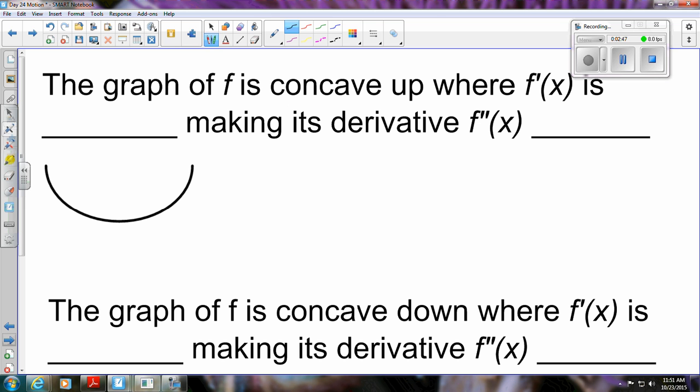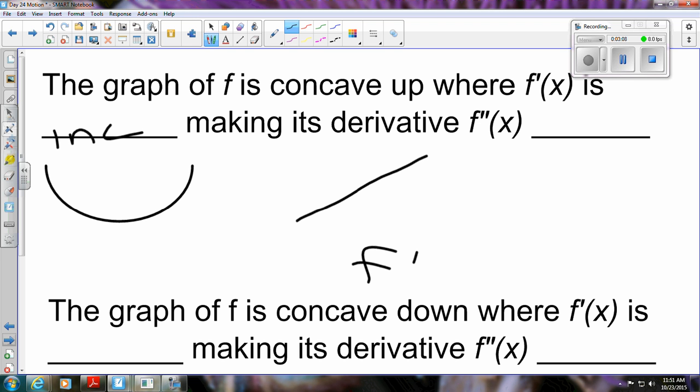So whenever you have a function that's concave up, the reason it's concave up is because the slopes are increasing. And if the slopes are increasing, the derivative is increasing. Now, I don't have a graph of the derivative, but if I could graph the derivative, it would be a function that's going up, right?